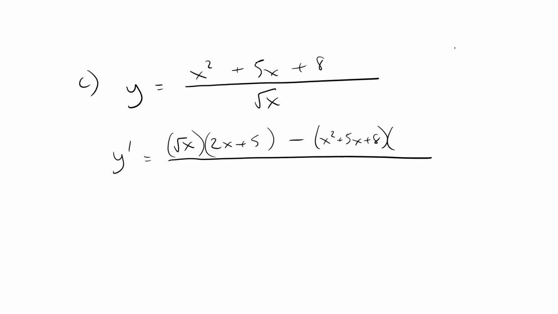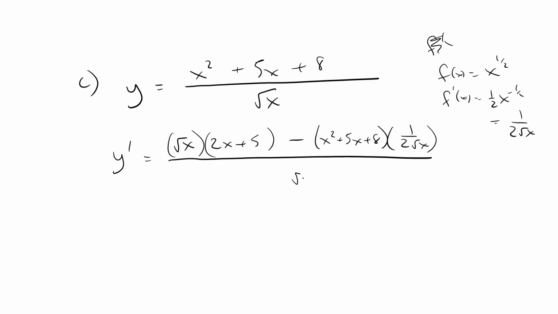And now we have the derivative of the bottom. And then if you need to do it off to the side, that's fine. Like what's the derivative of x to the 1/2? It'd be 1/2 x to the negative 1/2, or 1/2 root x. Okay. So 1/2 root x goes here over this guy being squared. Is that right?